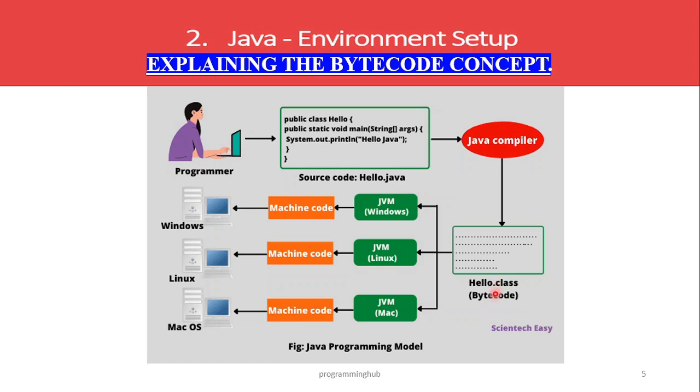Say for Mac OS, you hand over your bytecode to the JVM designed specifically for Mac OS. This JVM converts the bytecode into machine code, that is, the zeros and ones suitable to be executed by Mac OS. The same is done for Linux or Unix-based operating systems.